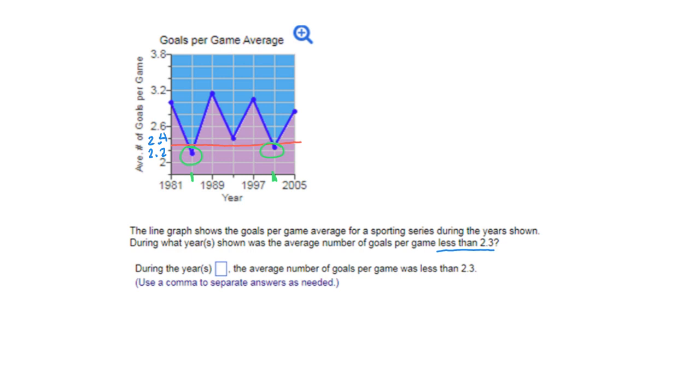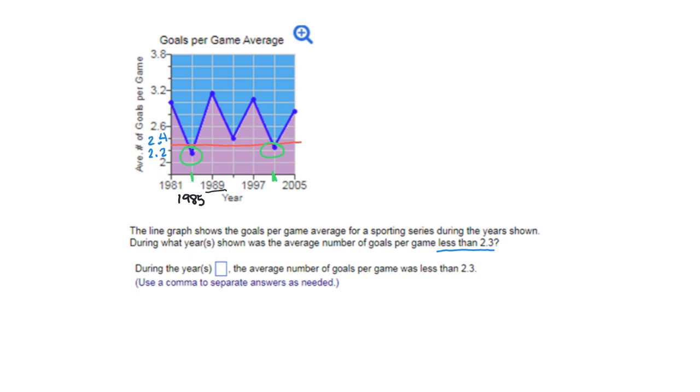All right, so if you take a look on here, the years jump from 1981 to 1989. And if you look, each little tick mark on there increases by an increment of 4. So 1981 plus 4 would give you 1985. And 1985 plus 4 will give you 1989. And then again, you add 4 again and keep going.